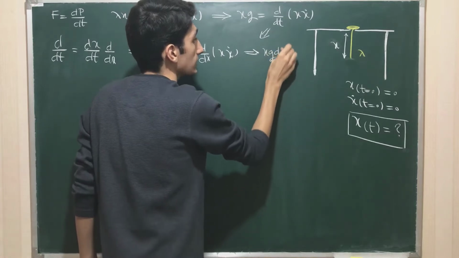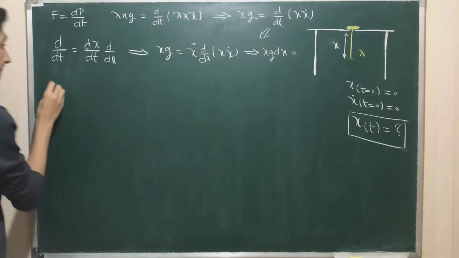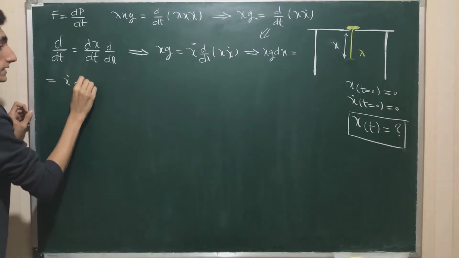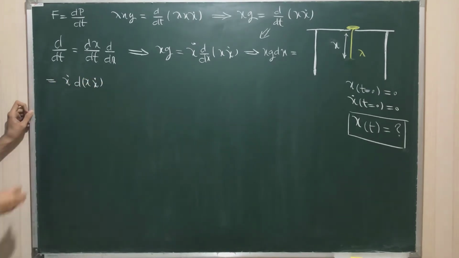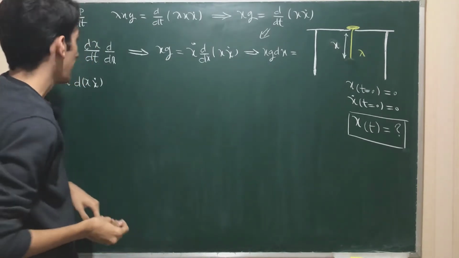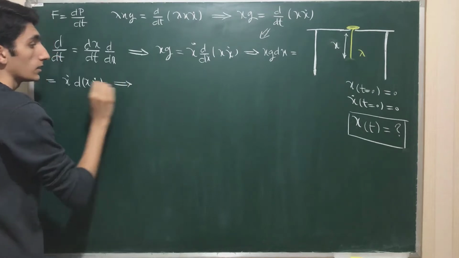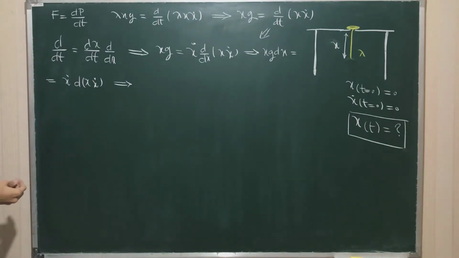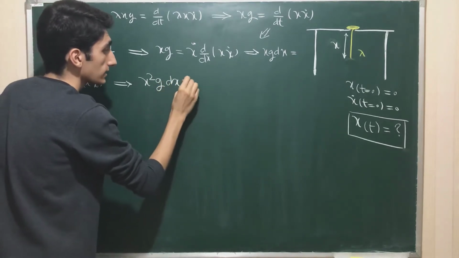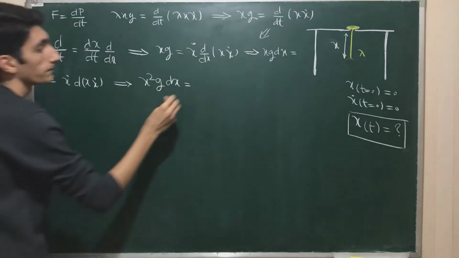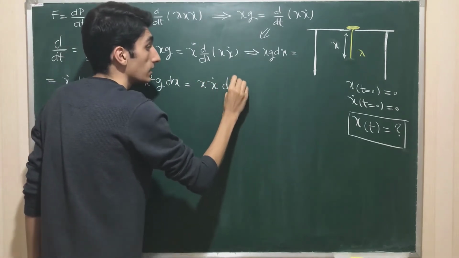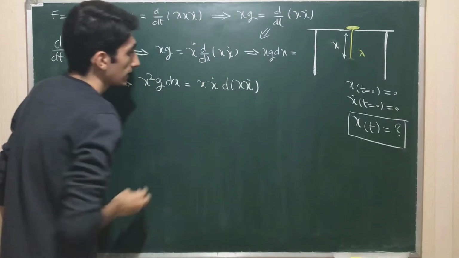x times g times dx is equal to x dot times d of x times x dot. And then I'm going to multiply both sides by x. So what we would get would be x squared times g times dx is equal to x times x dot times d of x times x dot.